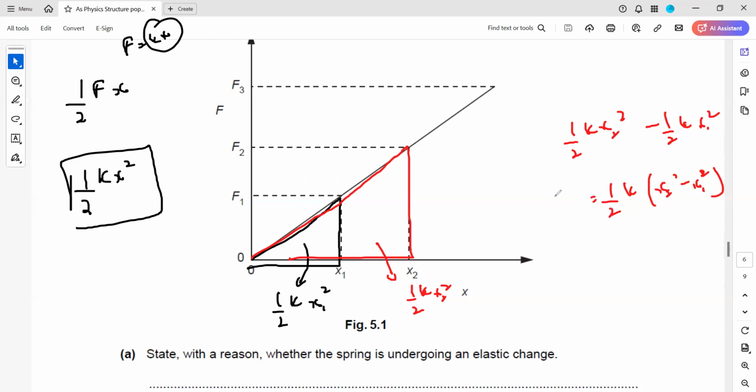That will give us how much energy is stored, or how much work is done to move the spring from extension x1 to extension x2. Is it clear? So remember this formula, the energy stored in the spring.